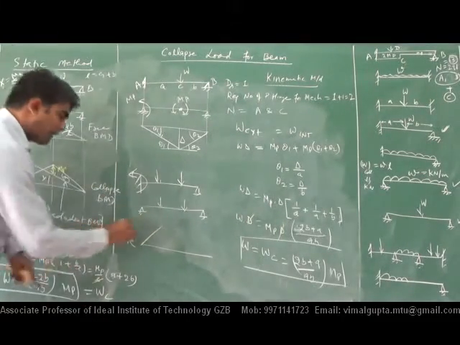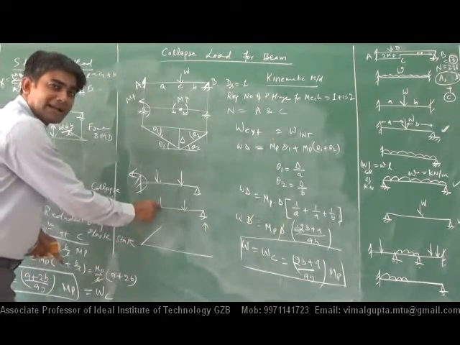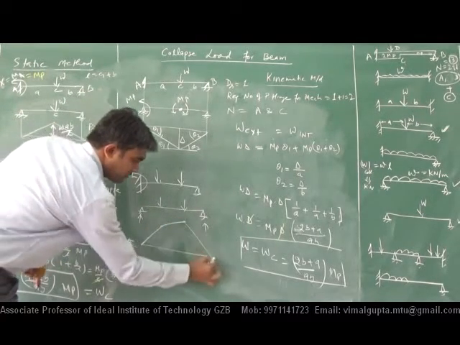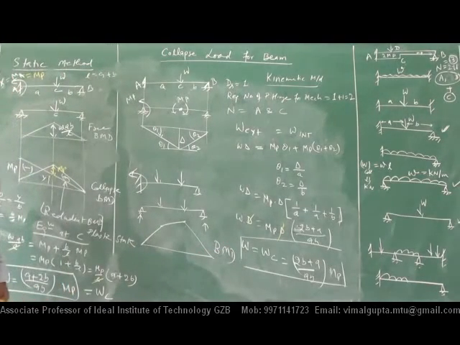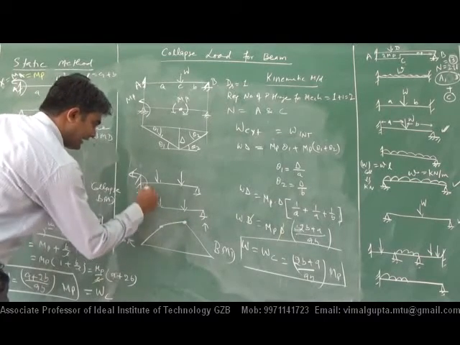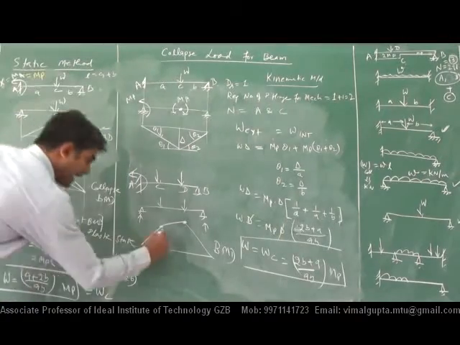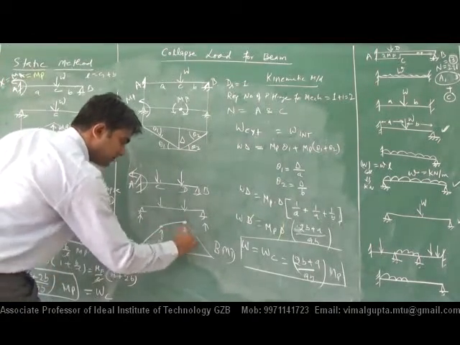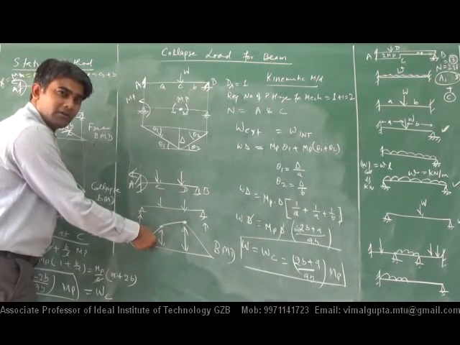If we plot the bending moment, the reaction multiplied by that length gives that ordinate, so that can be the free BMD. If this point is A, this is B, this is C, this is D, that value is known to us.